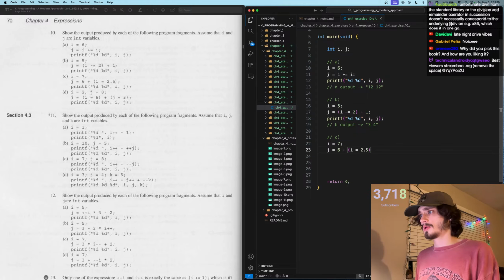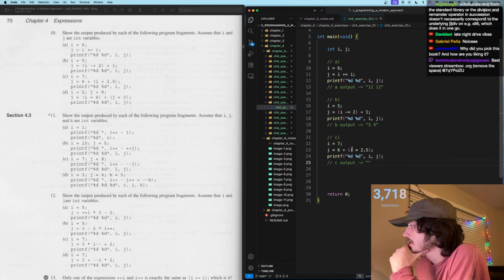Okay, so our C output is going to be, I is going to become 2.5 in this statement here. And then we're going to add 6 to that, so J is 8.5, and I think I is 2.5. We'll find out.